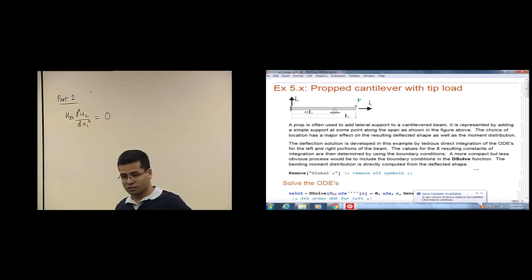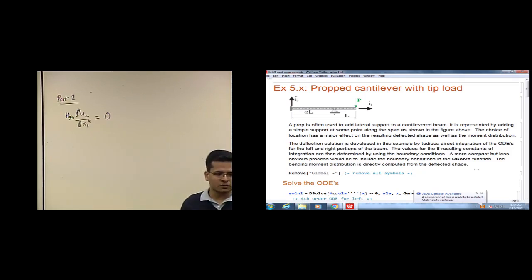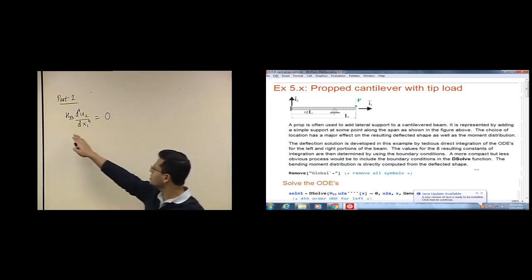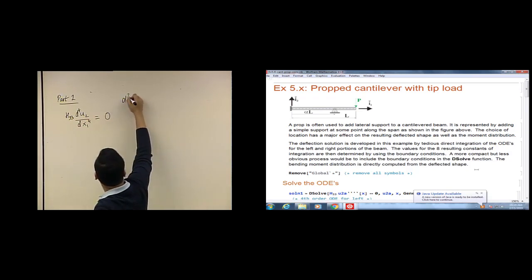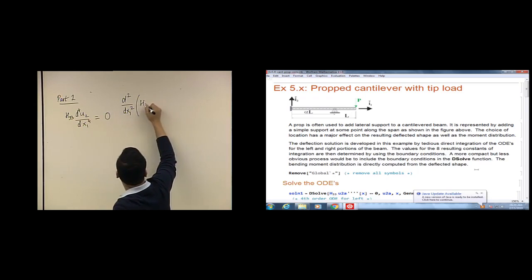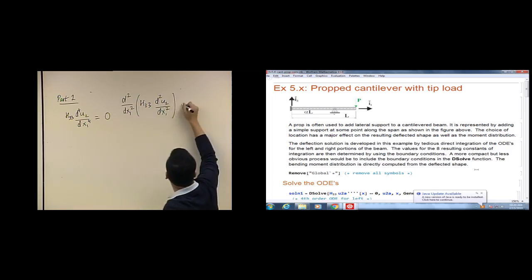If it's not a beam of uniform material, we cannot assume that. It's a beam which is not tapered. If it's a tapered beam, we cannot assume that H33 can come out. The original equation is the second order derivative with respect to x1 of H33 times the second order derivative with respect to x1 of U2 is equal to 0.